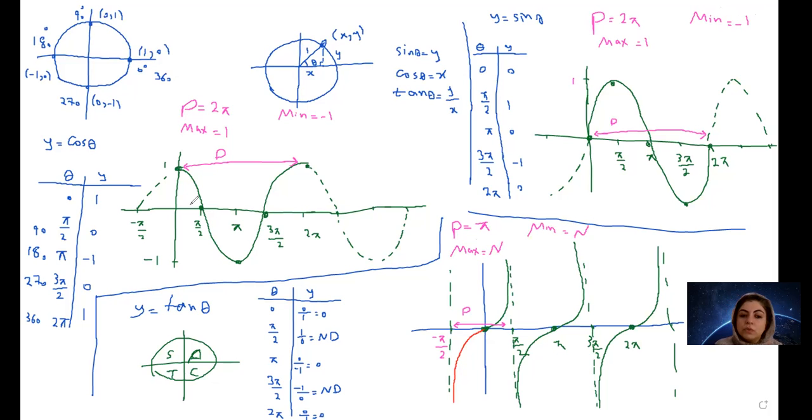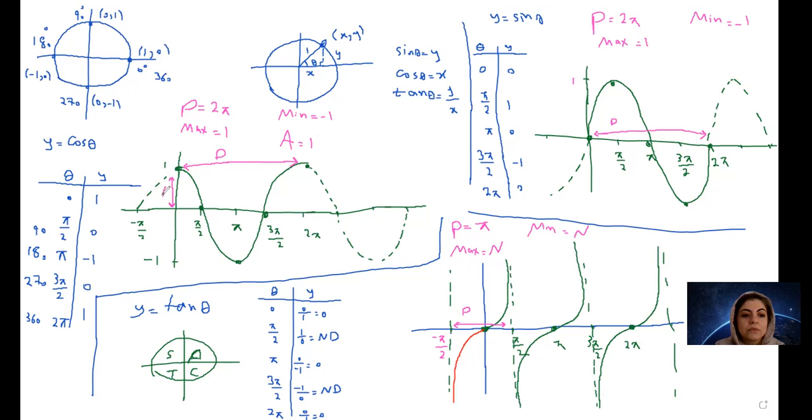Now, amplitude. Amplitude is the half distance between the maximum and minimum. See, the distance between the max and minimum is 2, right? Half of that is 1. So the amplitude A is 1. So it's just half the distance between the maximum and minimum.